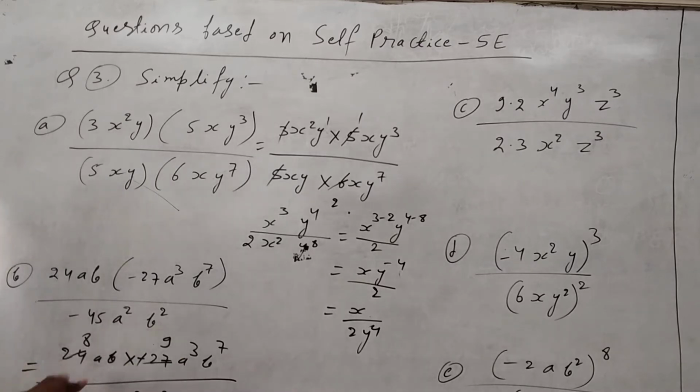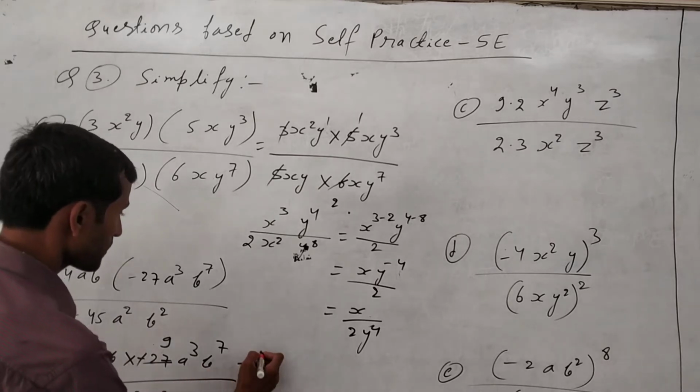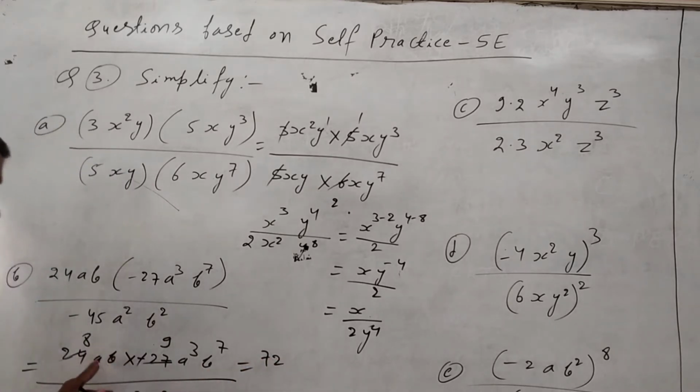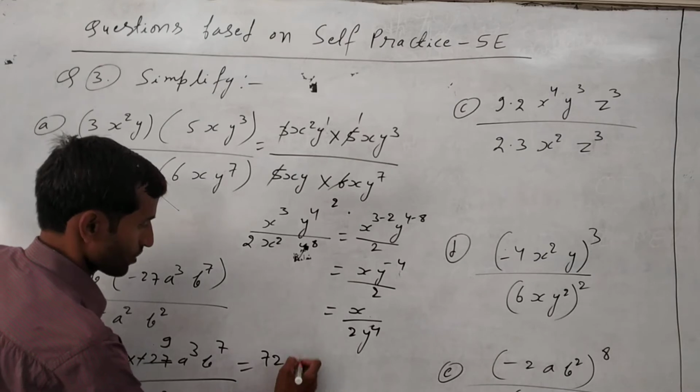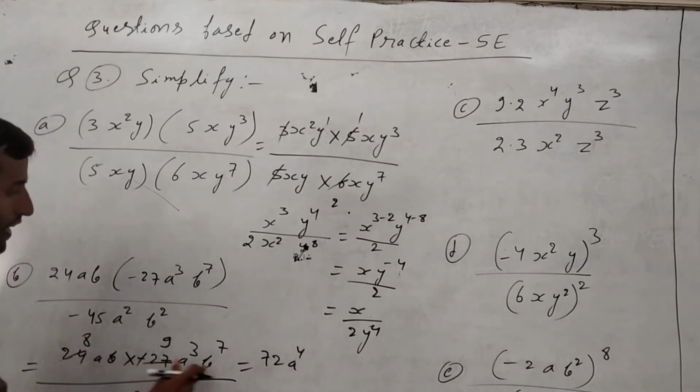After that there is no further cancellation, and then we add the powers. 8 nines are 72, then a^4 and b^8 will come.